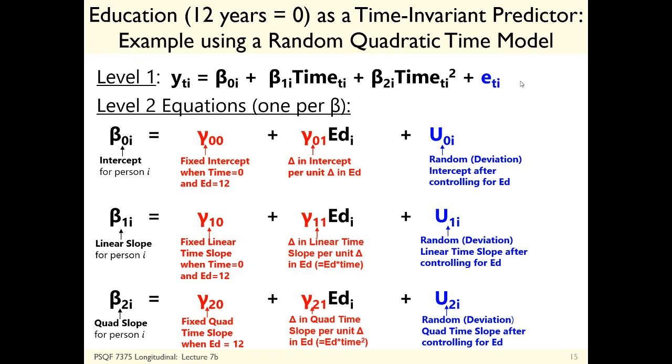But E variance is why are you off your line today? So if I have a PhD, I have a PhD every day. That can't explain why I'm doing worse than predicted today relative to tomorrow. Instead, what kinds of things would explain why you are off your line today?